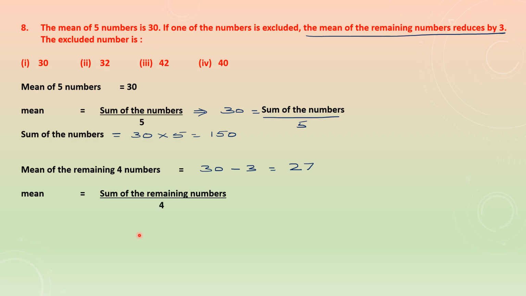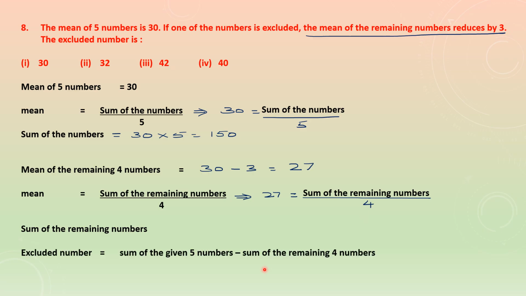So the mean is this time 27, which is equal to sum of the numbers which we don't know divided by 4. So again, to find the sum of the remaining numbers, we multiply 27 into 4. So the sum of the remaining numbers will be equal to 27 into 4, which is 108.